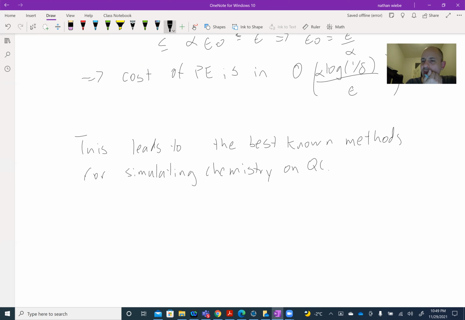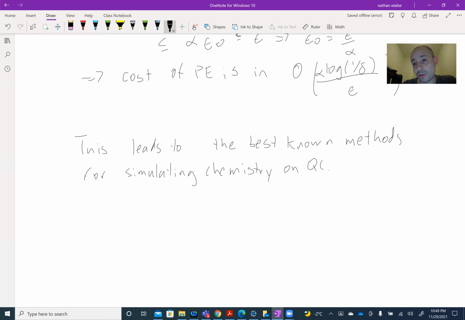So this technique has actually been responsible for reducing, along with several other insights, the costs of quantum simulation, for finding the minimum ground state energy of molecules, down by about 5 orders of magnitude from the previous methods that had been proposed.